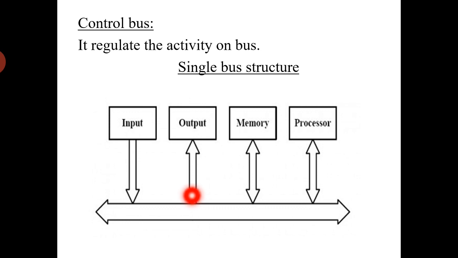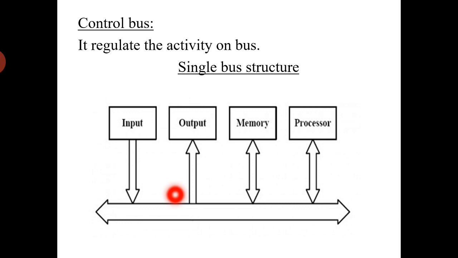Only two units can actively use the bus at a given time. Either it may be input to output, or input to memory, or memory to processor, processor to memory, or from memory to the output device. Only two units can use the bus at a time.